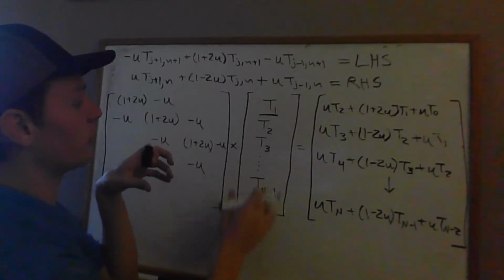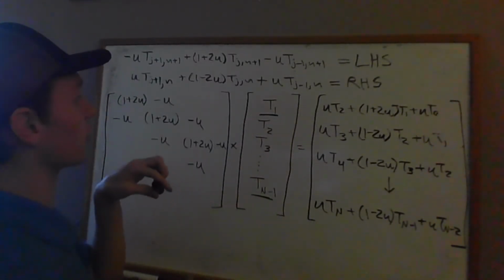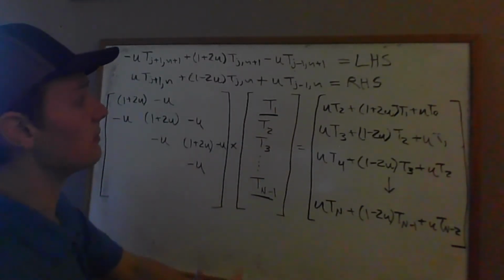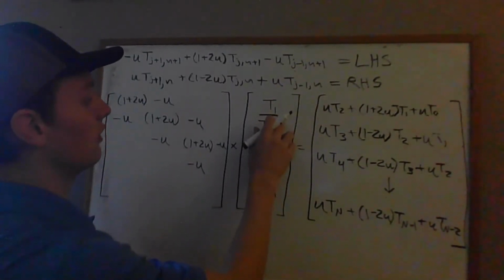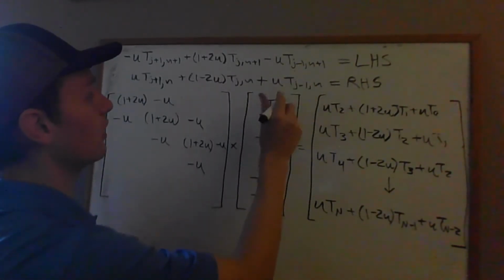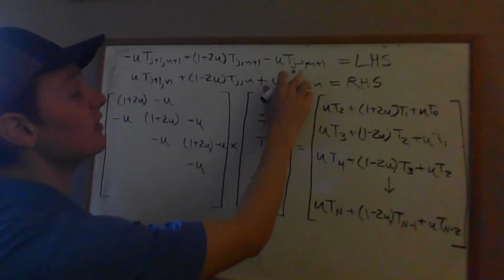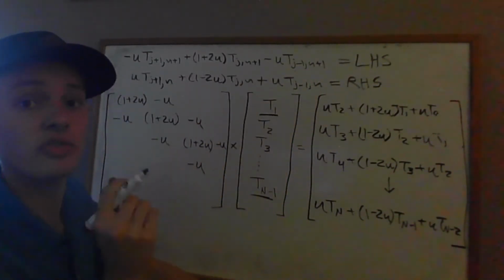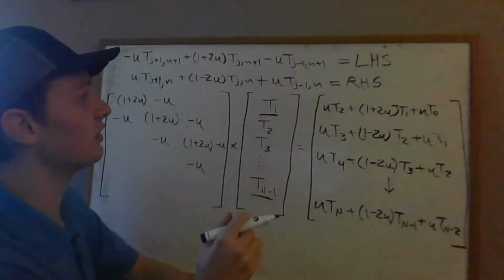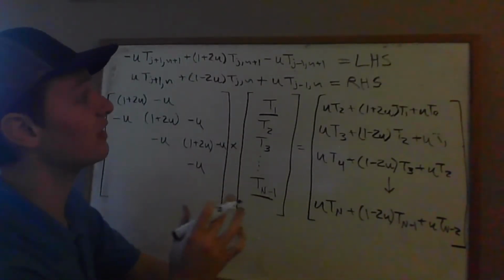For these two terms, these two internal temperatures, we actually need to consider the left-hand side. Because here, for this internal temperature, we have also another j minus 1 term, okay, where we get T sub 0. T sub 0 is extremely important because that is the temperature at the left boundary that stays constant.